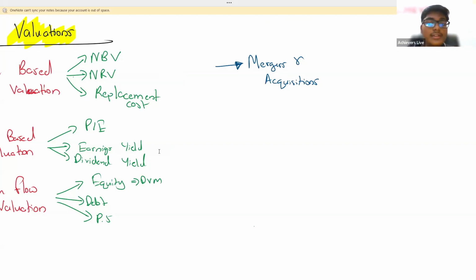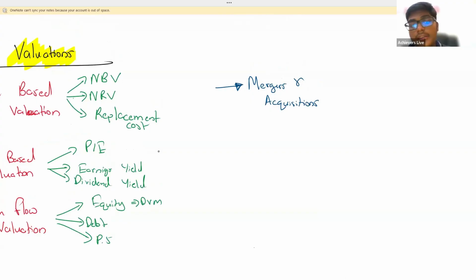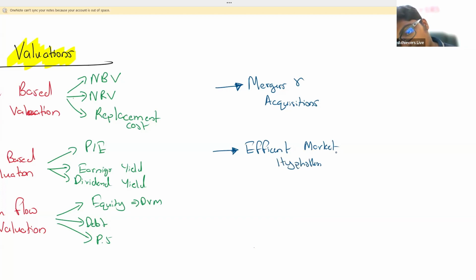Next, what did we look at? We looked at the efficient market hypothesis. So there are three different types of markets. Weak form, semi-strong form, and strong form efficient.